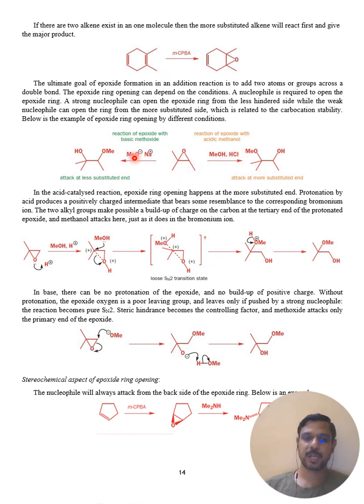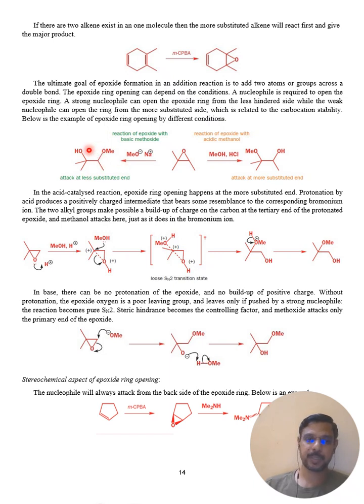Whereas when you have the strong nucleophile, it will go and attack where the least hindered site is available. For example, this carbon has two substitutions, whereas this carbon has only one substitution in the epoxide, right? So the base nucleophile will always attack the least hindered side. That means where one substitution is there, that is the least hindered side. The methoxide ion will go and attack that side, right?